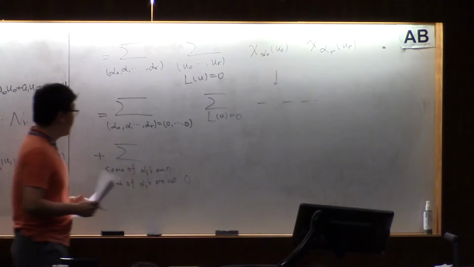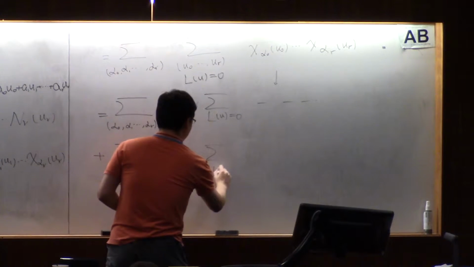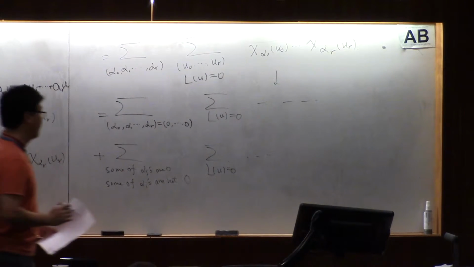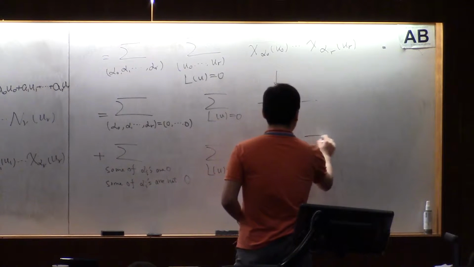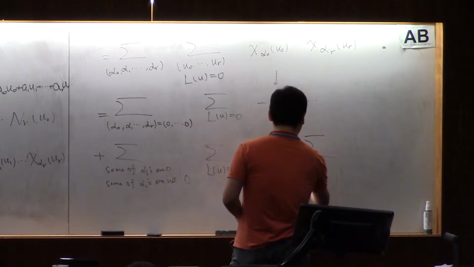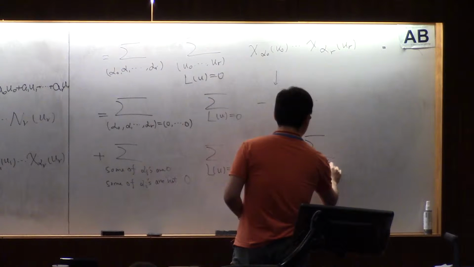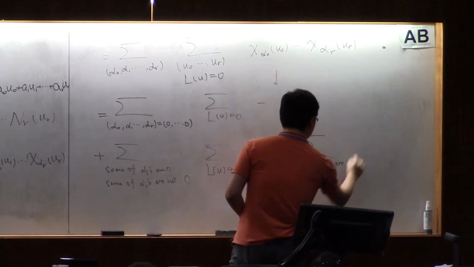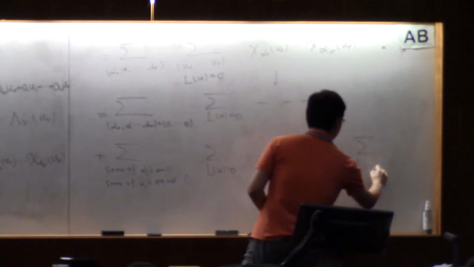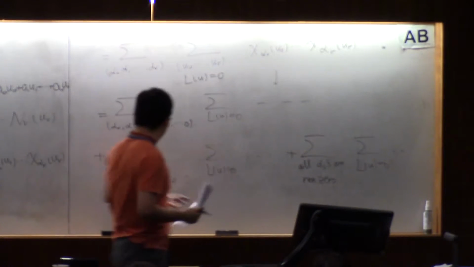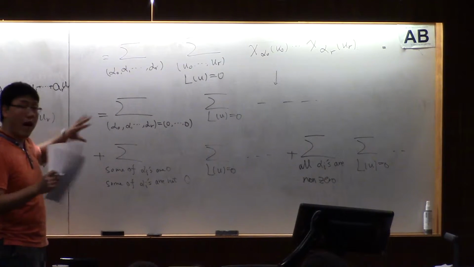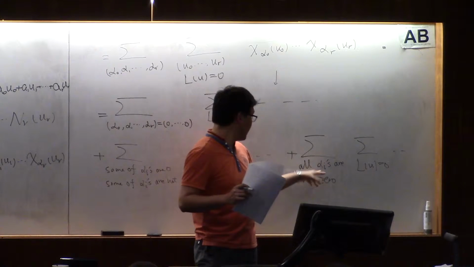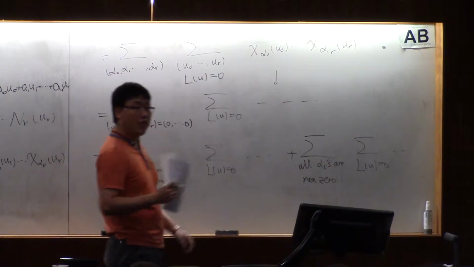Okay? Then again, we have the inner summand. Finally, you take the sum for all alpha i's such that all the alpha i's are non-zero.